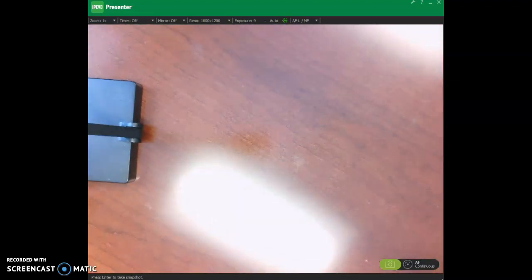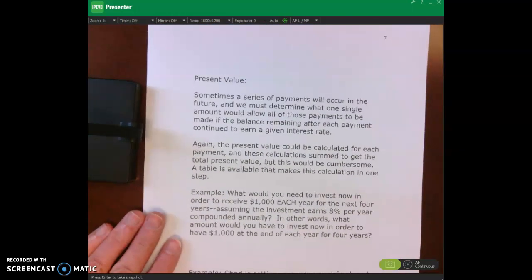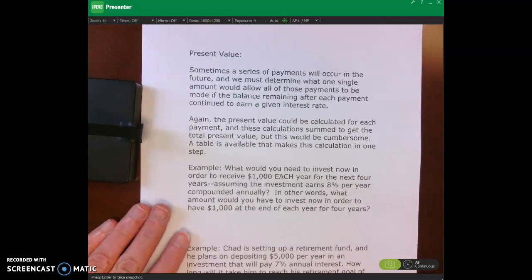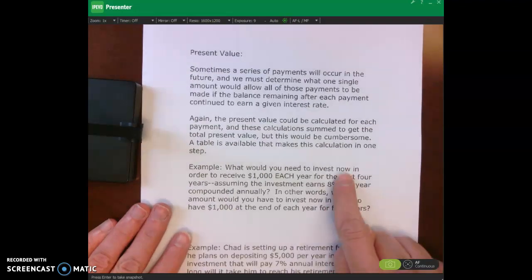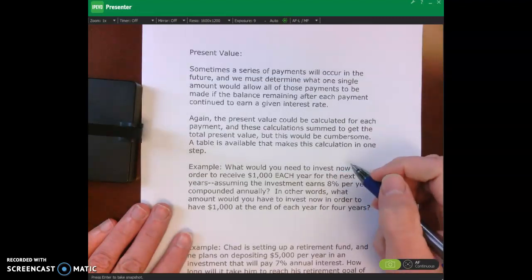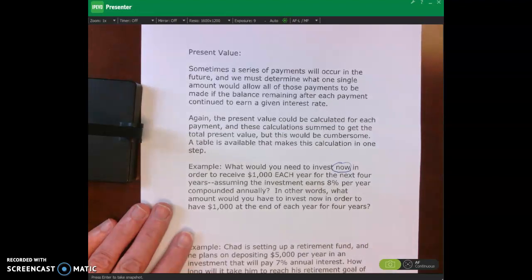We can also calculate the present value of an annuity. So again, remember, an annuity is equal cash flows equally spaced out. So in this example, what would you need to invest now? And this is keying me into saying, if I gave you this problem on an exam, how would you know that I'm asking you to calculate present value? Because I'm saying, how much would you have to invest now? That's telling you to calculate present value.